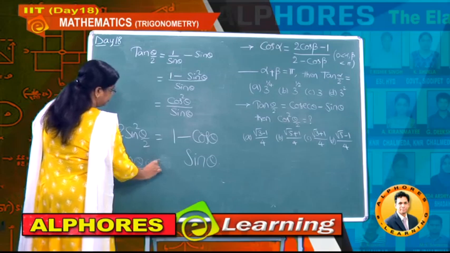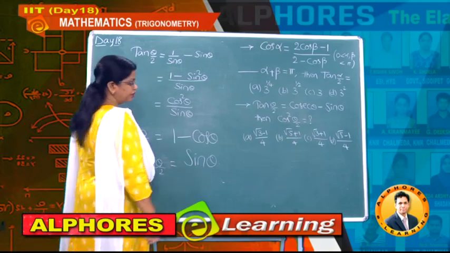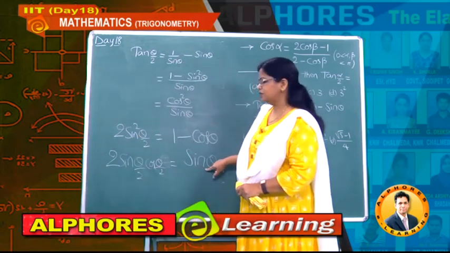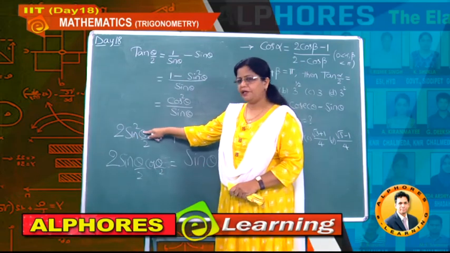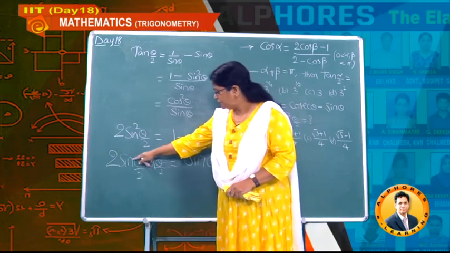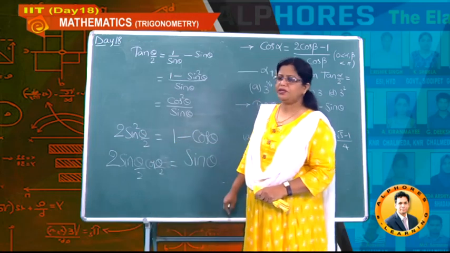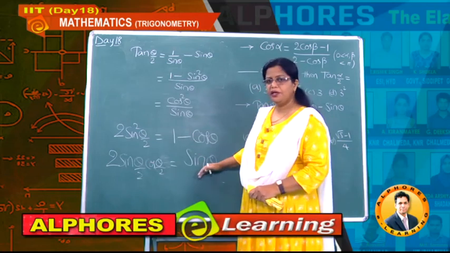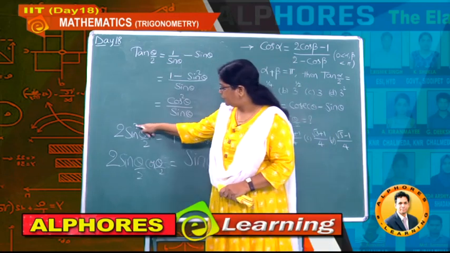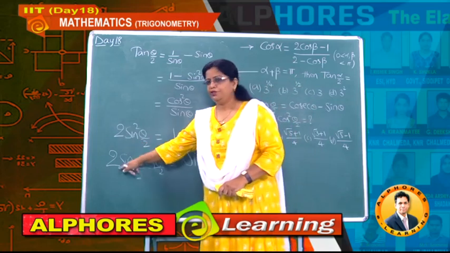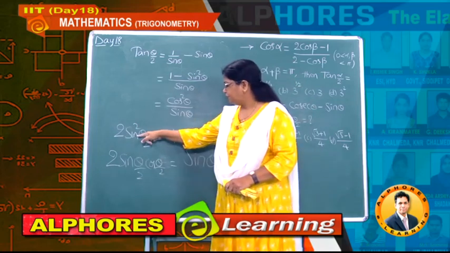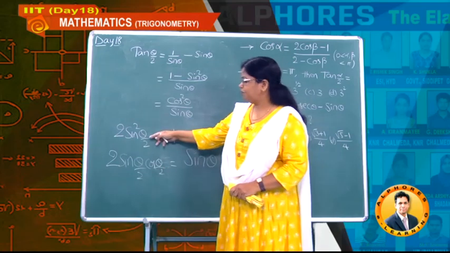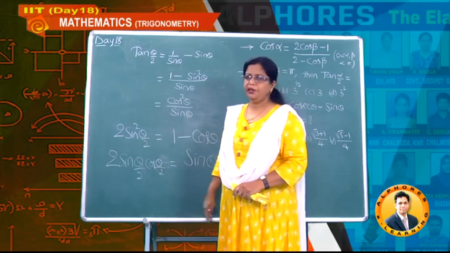So these are the two formulae: 1 minus cos theta is 2 sin square theta by 2, and sin theta is 2 sin theta by 2 cos theta by 2. Now if I divide 1 minus cos by sin, then what will happen? The 2 gets cancelled, and you will get sin theta by 2 by cos theta by 2. What is that value? Tan theta by 2.